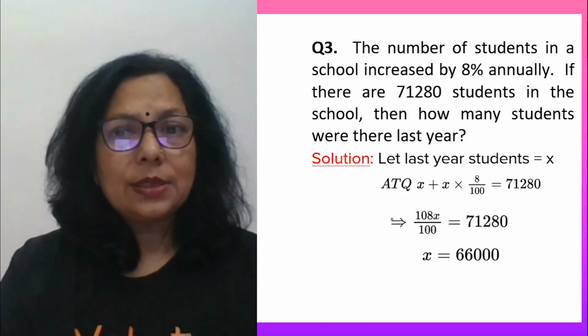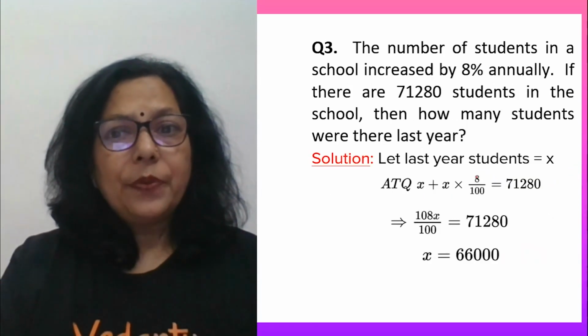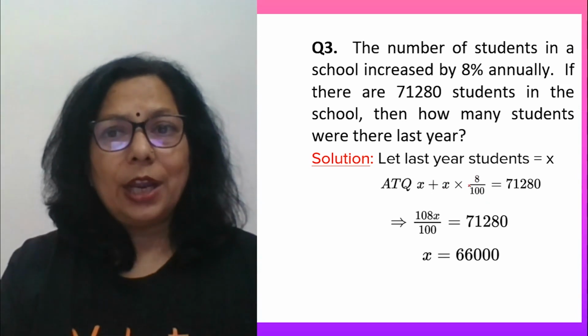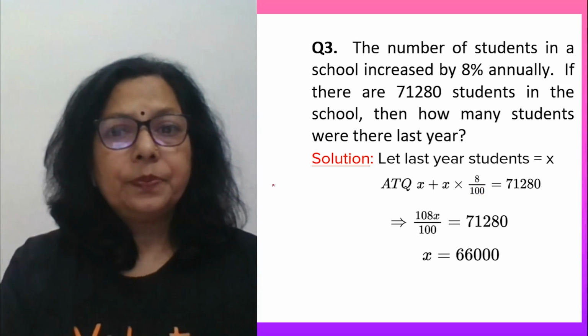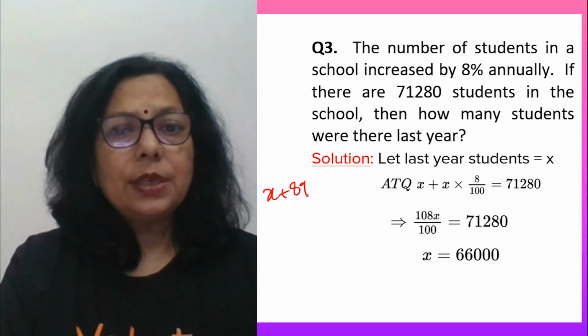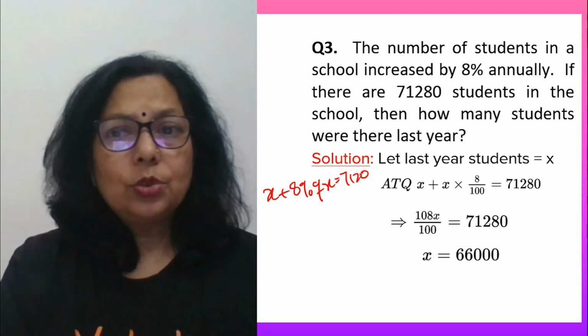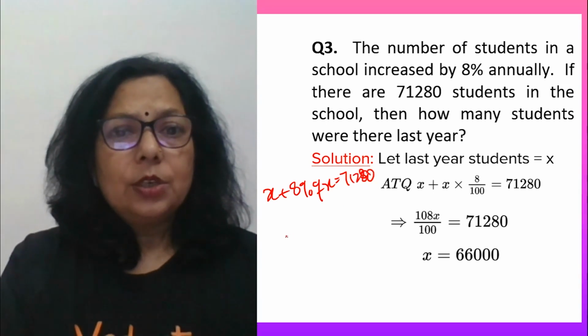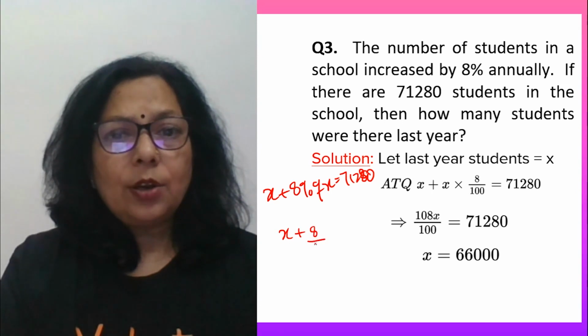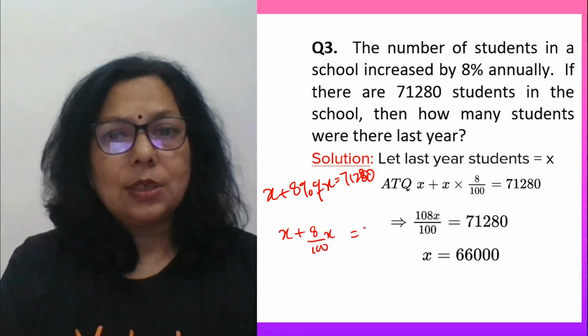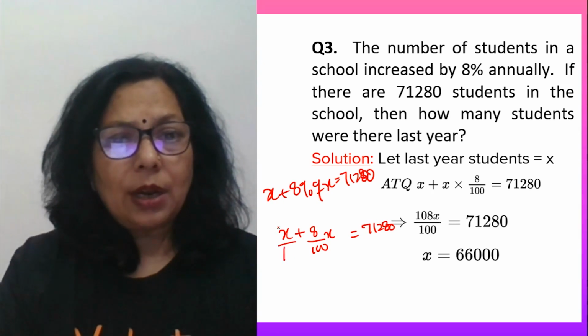How will you calculate? x plus 8% of x. So 8% of x means 8x upon 100. So x plus 8 upon 100 x is equal to 71280. This will give you denominator 100.